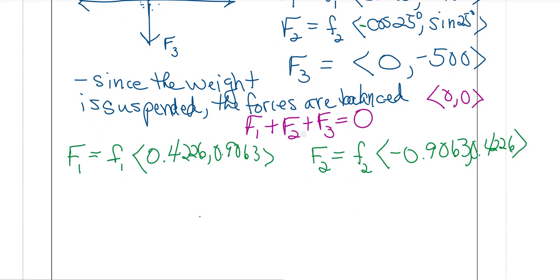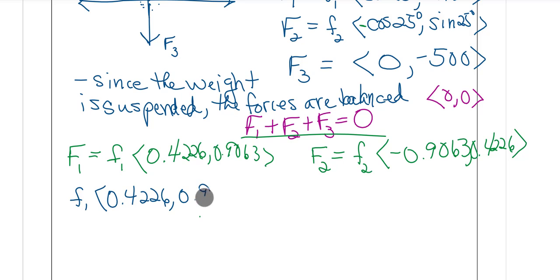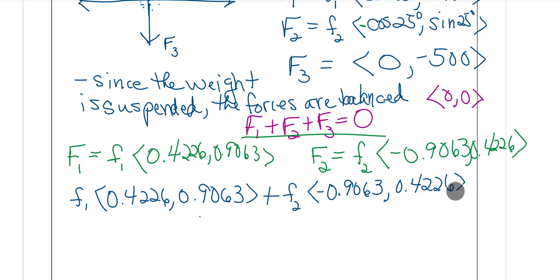So using this balanced equation, I'm going to write these out. So I'm going to have little f1 times 0.4226, comma, 0.9063 plus little f2 times negative 0.9063, comma, 0.4226, and then plus 0, negative 500, and of course that equals my resultant vector 0, 0.